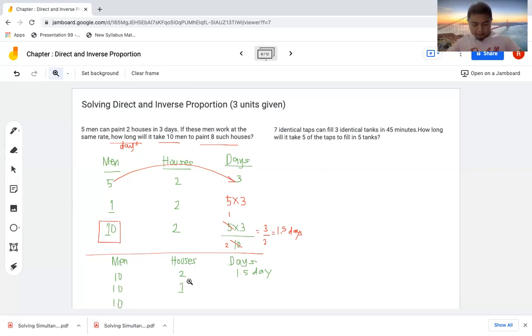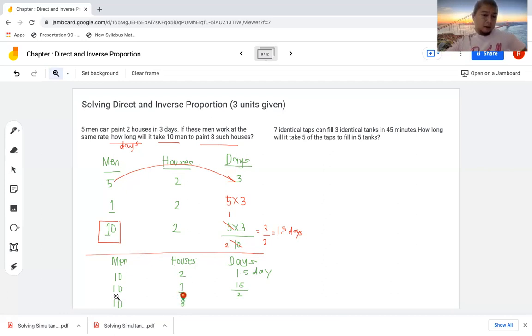So you know that with 10 men working on one house, the time will be faster than the usual. So this would mean that this number of days will be cut into two, or simply divided in half. And afterwards, you will also understand that once you get this one house, then you can automatically convert it into 4 houses. Sorry, 8 houses.